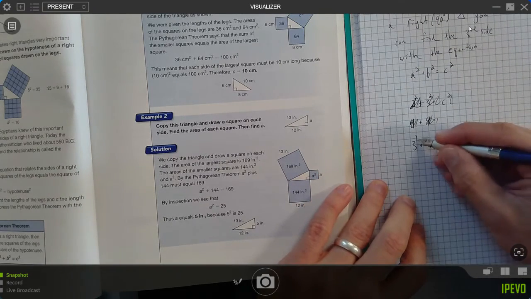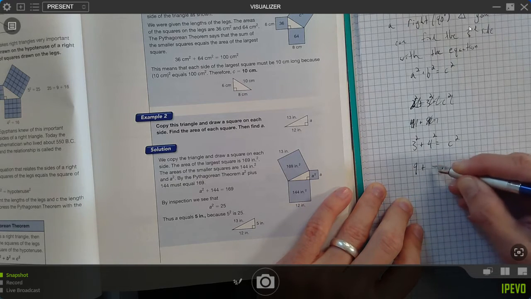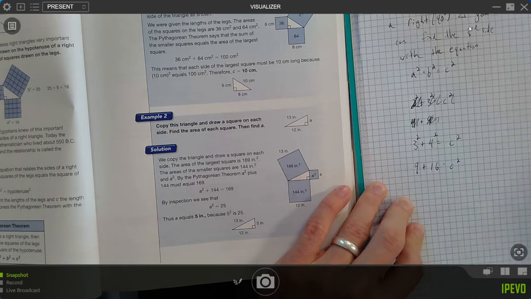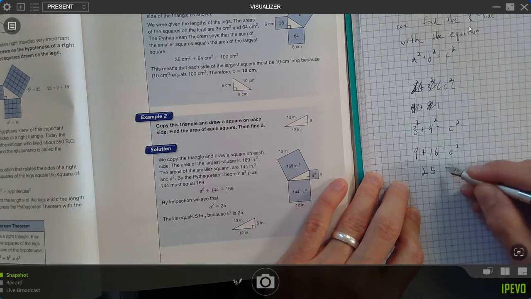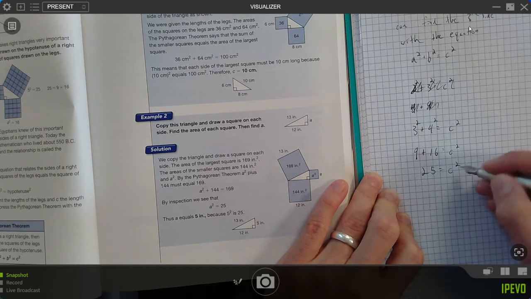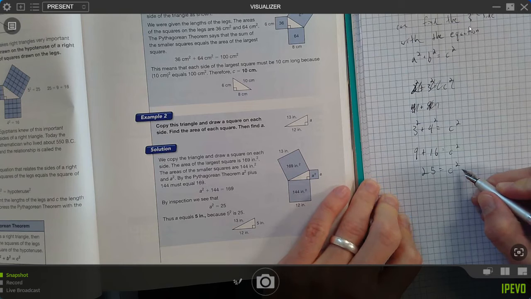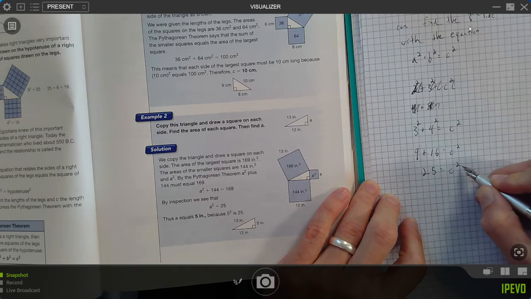So 3 squared plus 4 squared equals c squared. So that's 9 plus 4 times 4 is 16 equals c squared. Okay, 9 plus 16 is 25 equals c squared. Now this is c squared, so 25 equals c times itself.